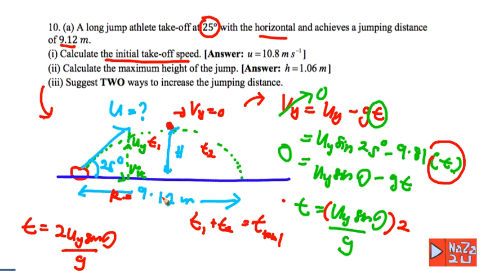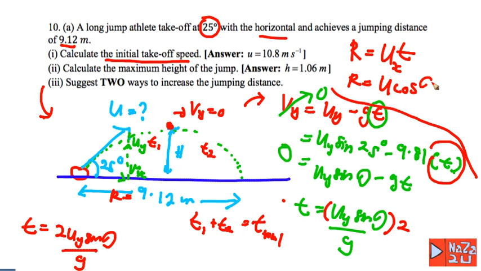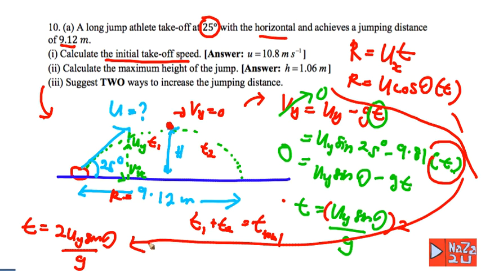To find r, distance is equal to velocity times time. This range r is on the x-axis, so we use ux. Resolving u to ux gives u cos theta, and the time t is the time of flight here.